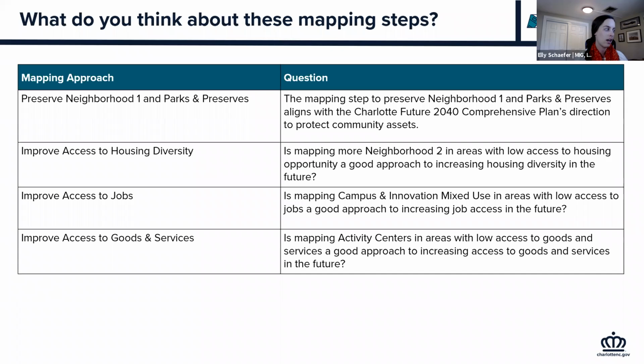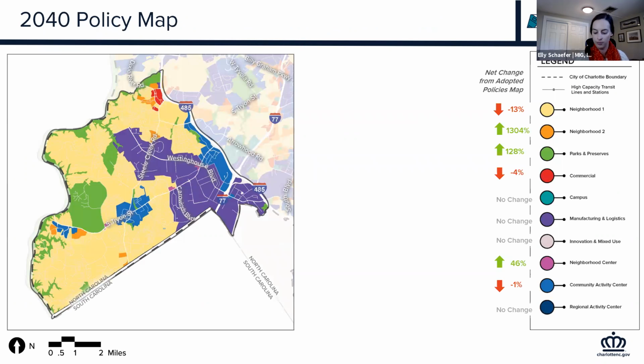So our question here is about activity centers. Is mapping activity centers in areas with low access to goods and services a good approach to increasing access to goods and services in the future? So we're just wondering if you agree with that mapping approach. I'll just go back to the map if anyone wants to get a closer look.